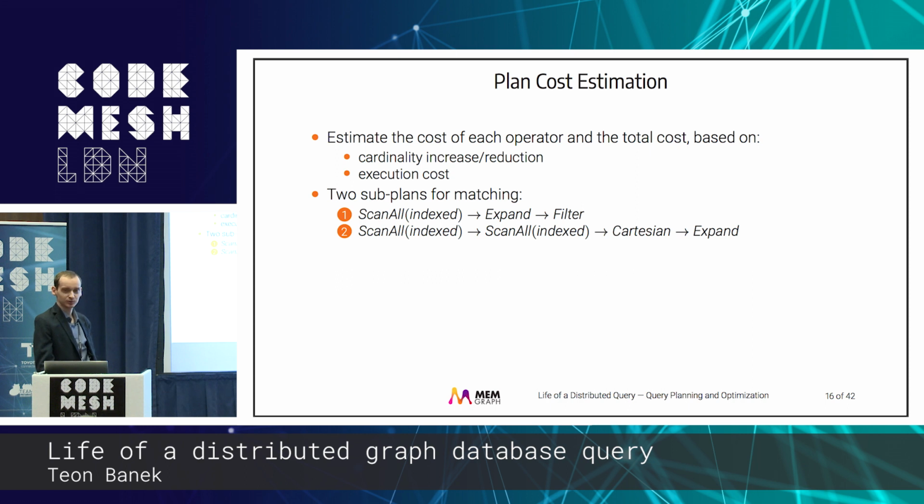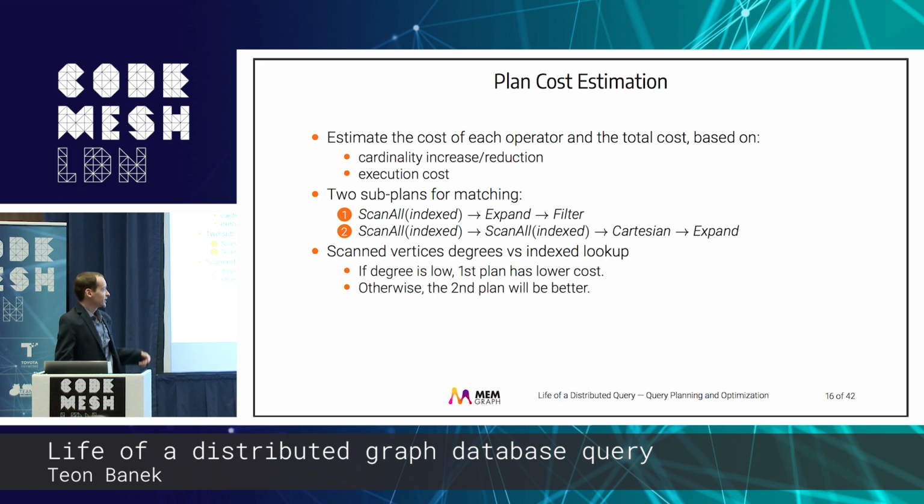In our case, we had two interesting plans. The first is scan all by index, expand, and filter. And the implications are, for example, if we have large amounts of edges on each node in a graph, so the average degree is very high, then the first plan will not be as good as the second one, because we will find all nodes and start traversing all of the edges on each node.